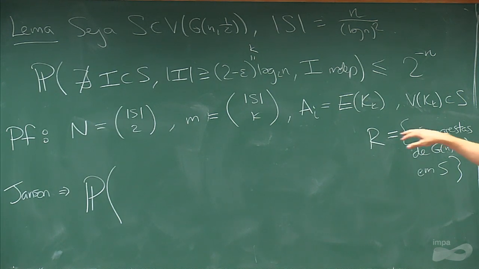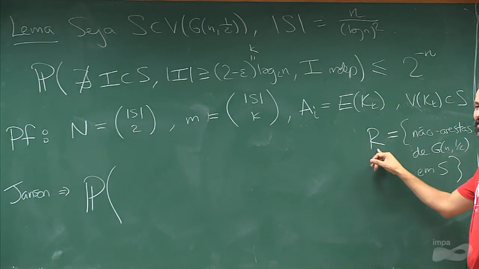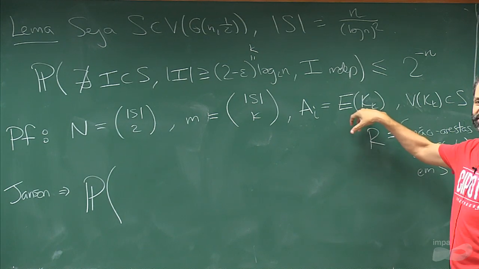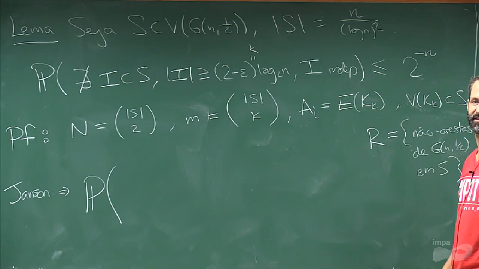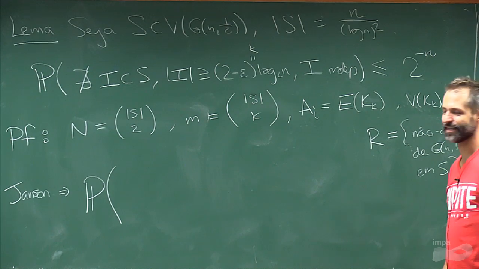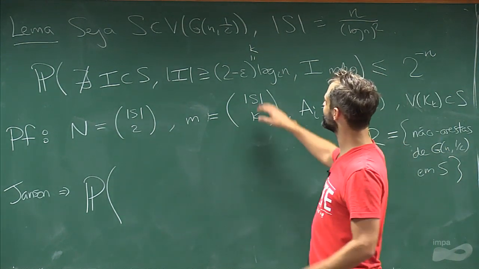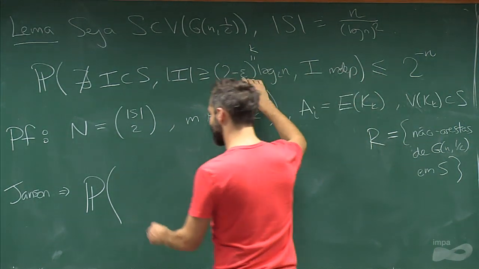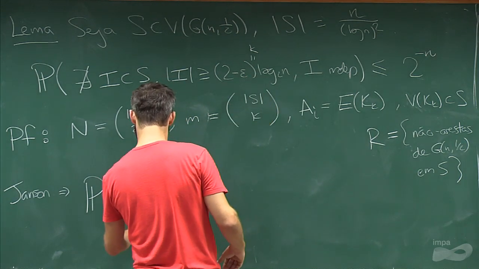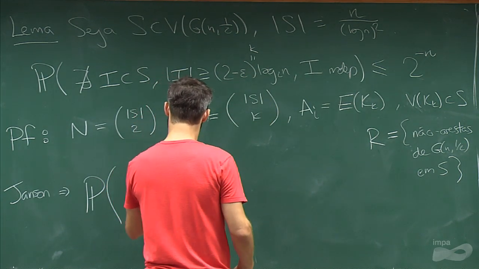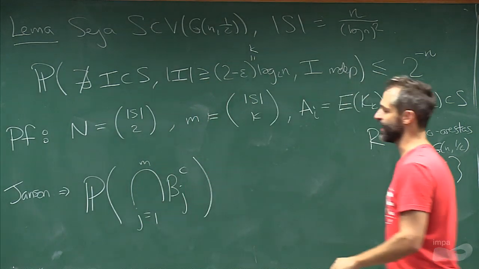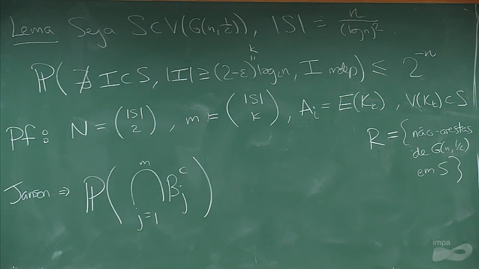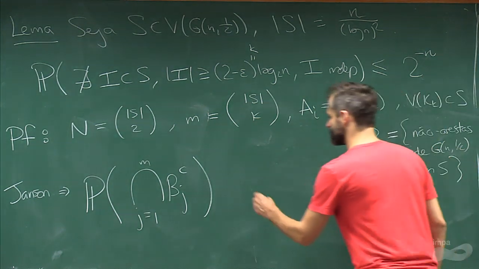So Ai contained in R means exactly that this is an independent set of size k. And the probability that we care about is exactly the intersection of the complements of all of these bad events. Right? But none of these things are independent.